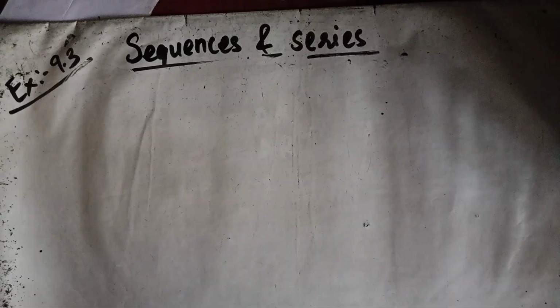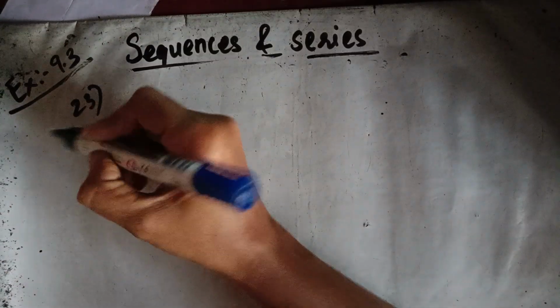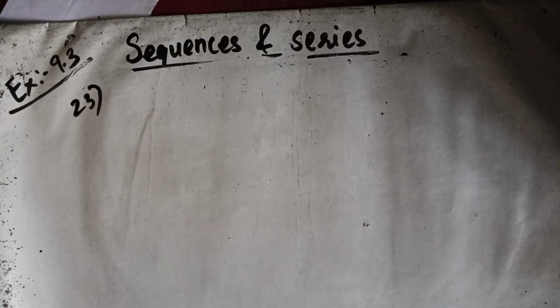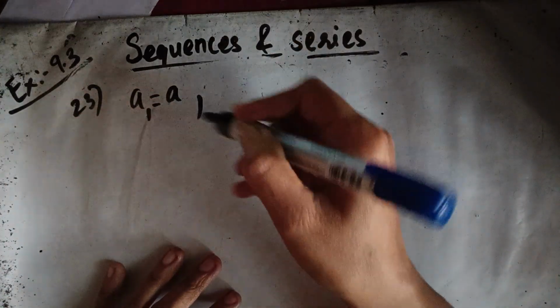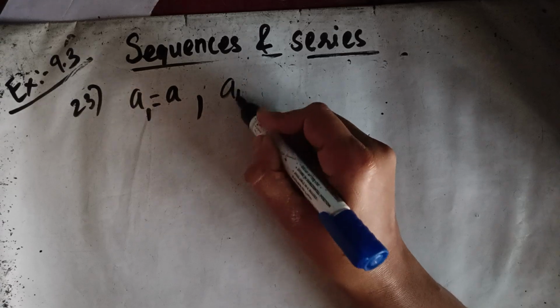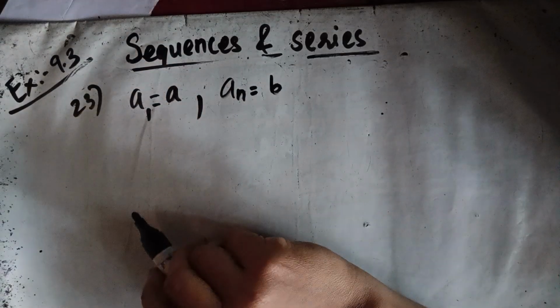Okay. Next question. If the first and the nth terms of a GP are a and b respectively, and if P is the product of n terms, prove that P square equals (ab) raised to n. So first term is given a, and nth term is given b.